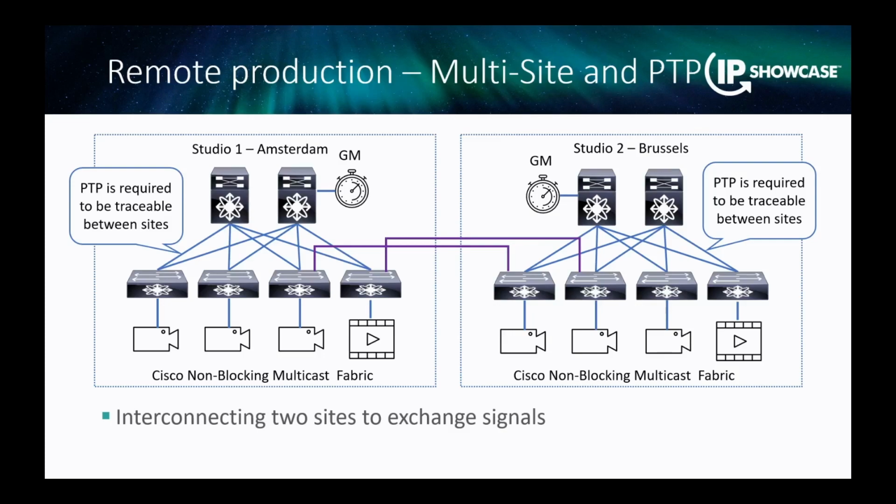Just one thing which I want to mention here: when you create this kind of multi-site environment, it can have two sites or multiple different sites. You need to take care of the PTP. So either you have one grandmaster serving both of the sites, or you isolate PTP between the sites.